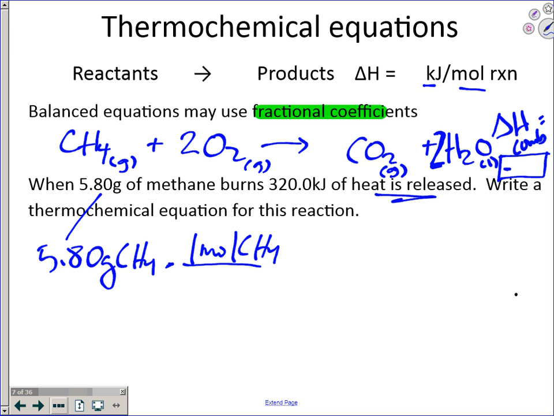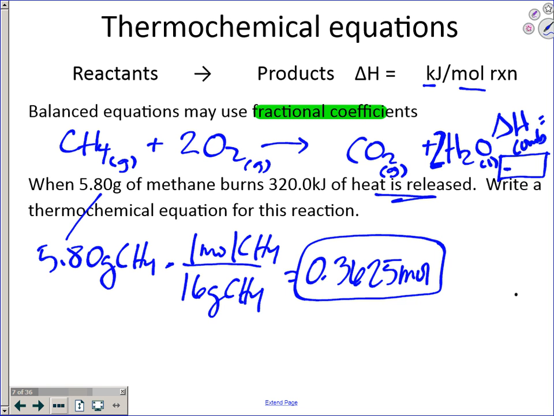Approximate that, guys. 16 grams of methane and like 0.4 something. Calculators. 0.3625. Okay, so I have moles of methane: 0.3625 moles of methane.